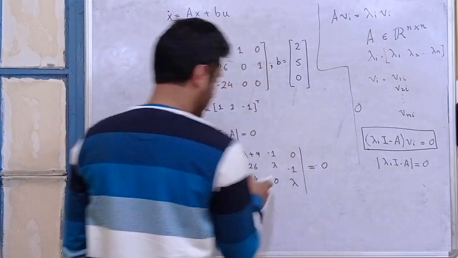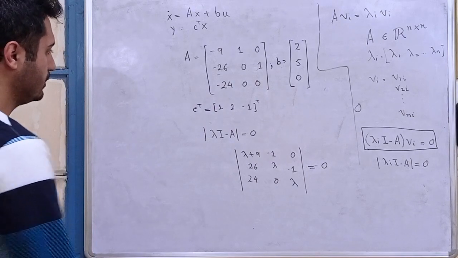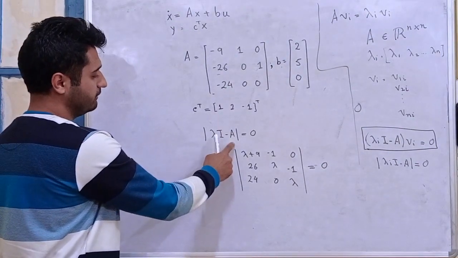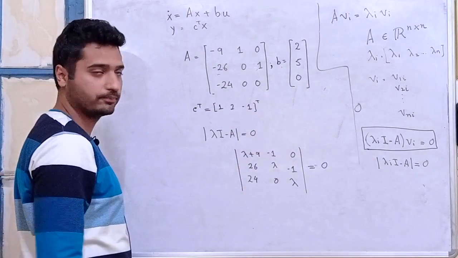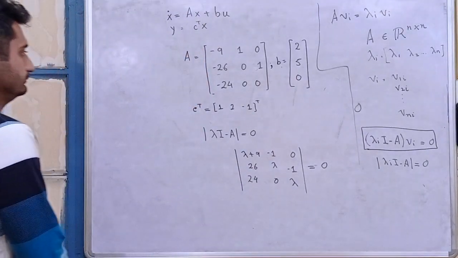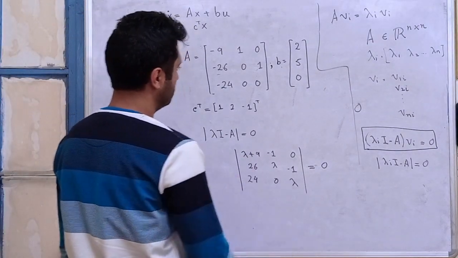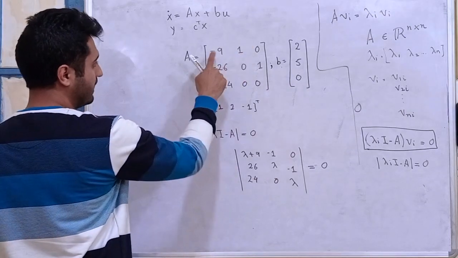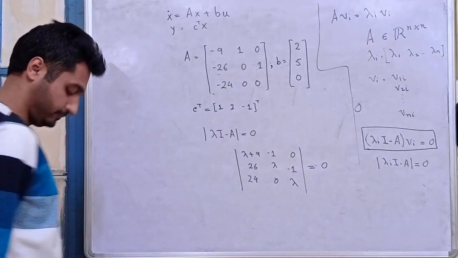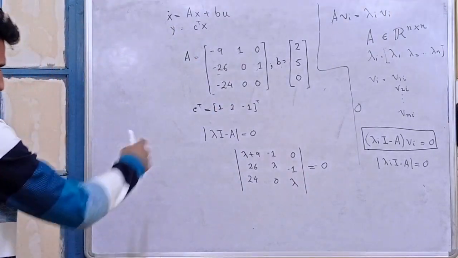Just put this equal to 0 and solve for lambda. If you want to write this simply, you can remember it like this: when you evaluate the determinant of lambda I minus A, lambda is added to the diagonal entries, and in the non-diagonal entries only the sign changes. This is lambda minus -9, and minus of minus 9 will give you lambda plus 9. So you have to solve this cubic equation.